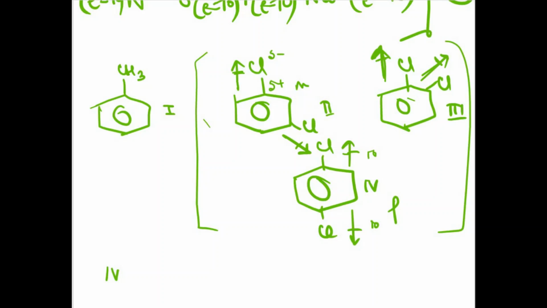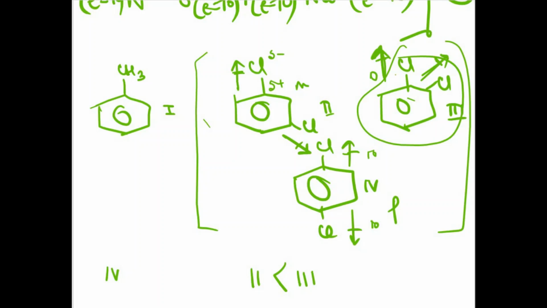It will have a value of dipole moment, but lesser than this ortho product, right? So the ortho one should have the highest dipole moment, 3, and then it should be 2. So that clears that option number 4 will get eliminated.